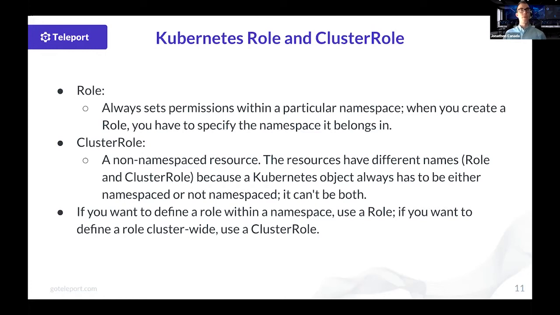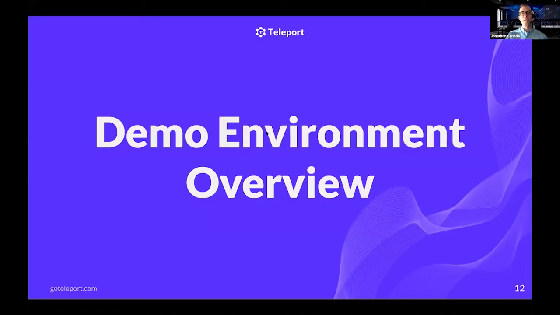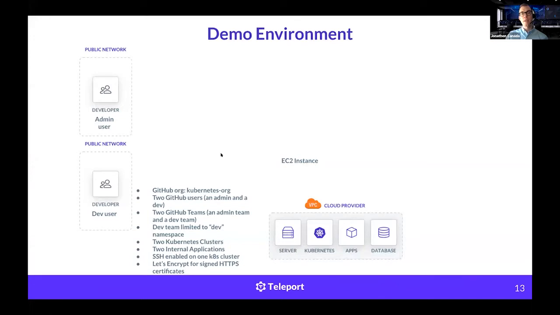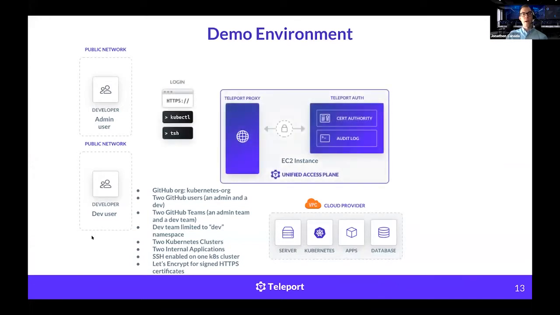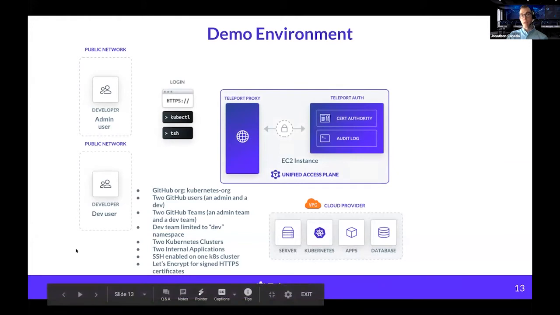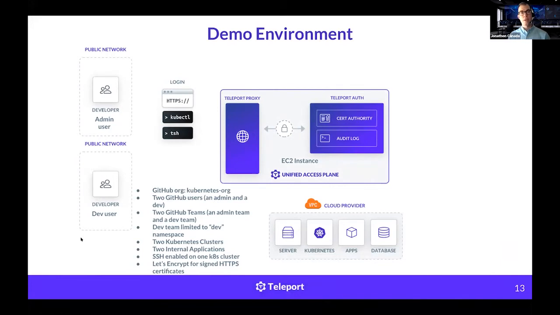And in my demo, I'll demonstrate using a Kubernetes role to limit a group to a single namespace rather than using a cluster role. So now into an overview of what my demo environment actually looks like. What I've done is within GitHub, I've created an organization that I've called Kubernetes org. I've then created 2 GitHub users, one that's an admin user, one that's a dev user, and I've created 2 teams within my GitHub organization.